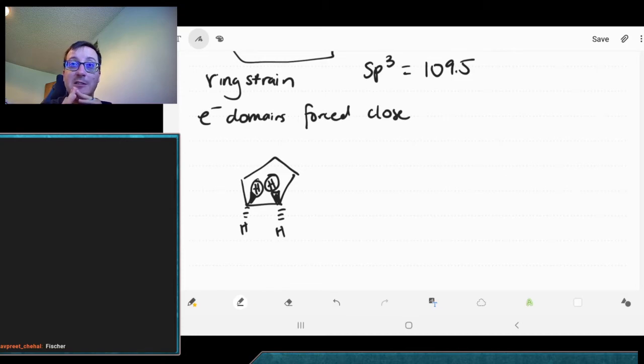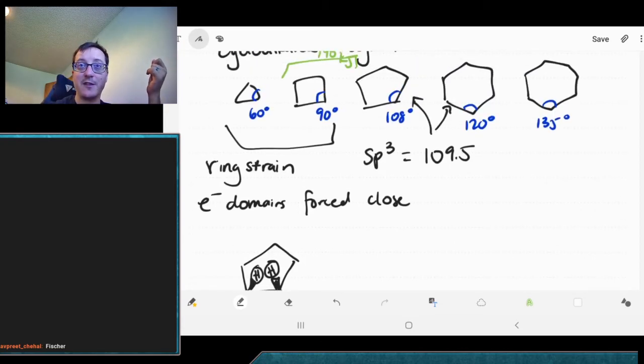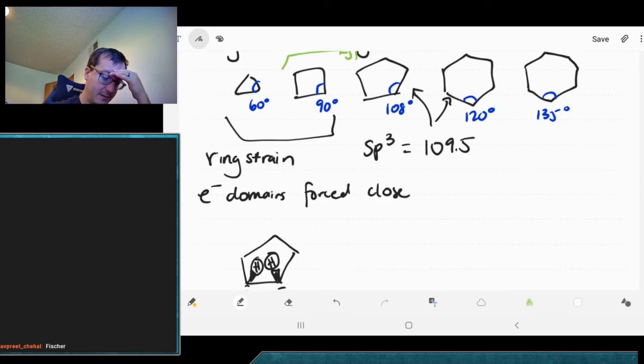And as a result, in order to alleviate that, we actually distort our pentagon. You know, we might be saying, oh yes, this pentagon is flat, and we just have our things at 108 there and whatever else elsewhere. But in reality, these things distort a little bit. So they're not planar structures.